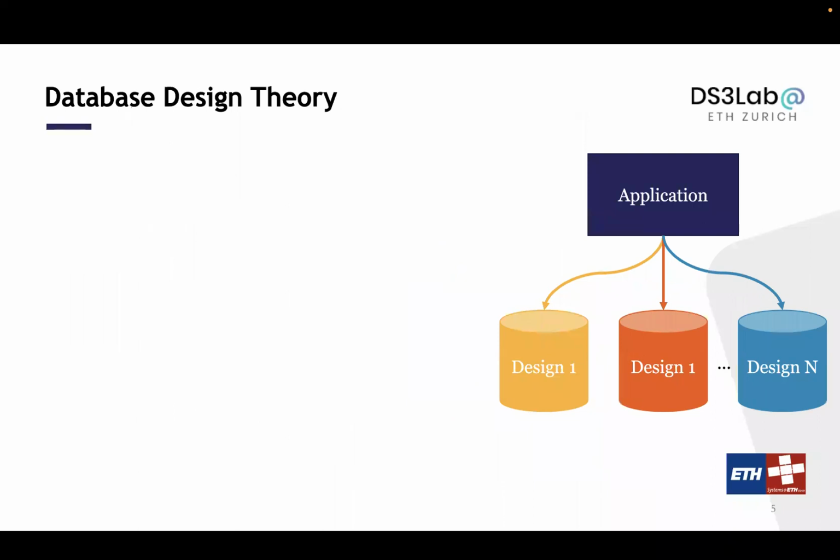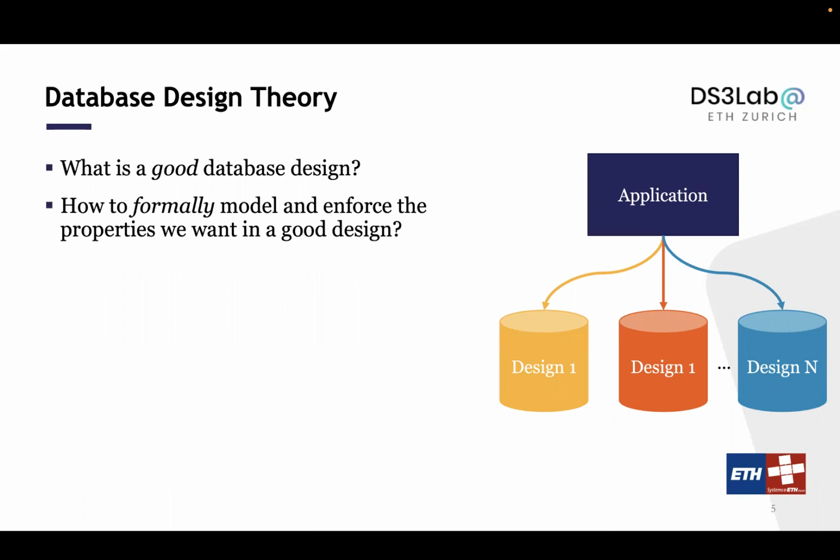There's something called database design theory. Essentially, given one application and so many different ways you can design your schema, what is a good design? What do we mean by a design being good, given there are so many different things you can measure? How do we formally model and enforce the properties that we want in a good design?